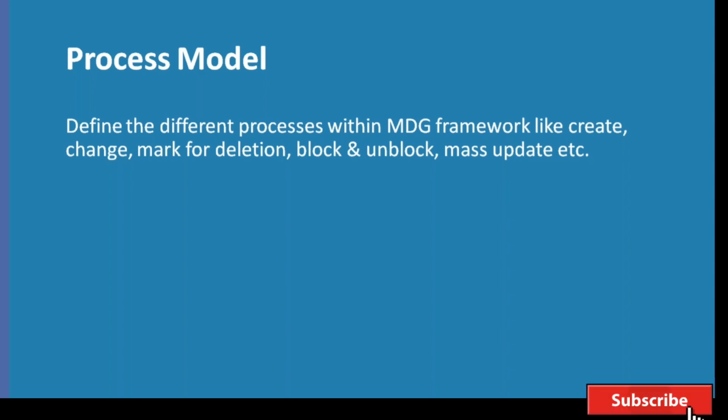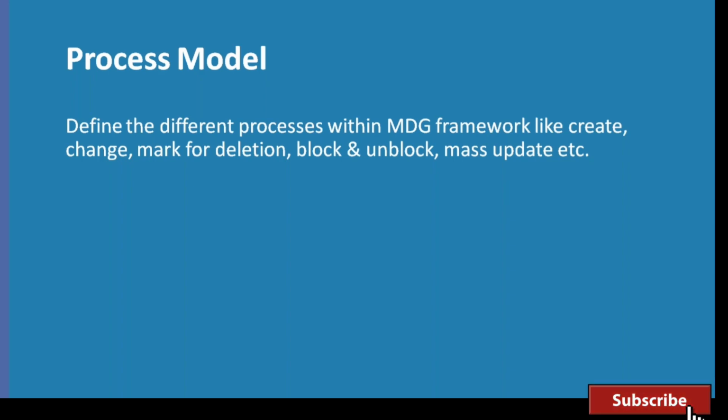So now the question is, in order to do this activity, create, change, deletion, block and unblock, mass update, what exactly is the procedure we follow, or what kind of configuration we need to do. One underlying point here, which I already mentioned since almost day one, is that in MDG we are going to deal with everything through the change request, MDG change request.